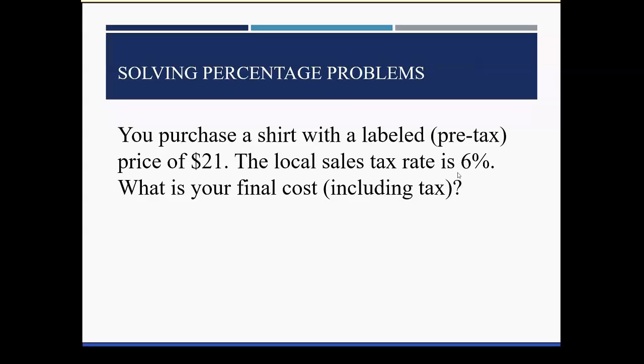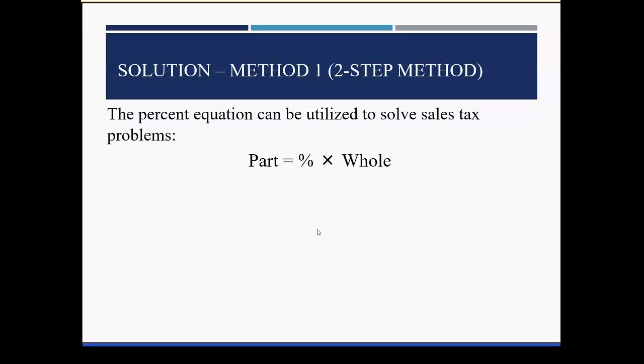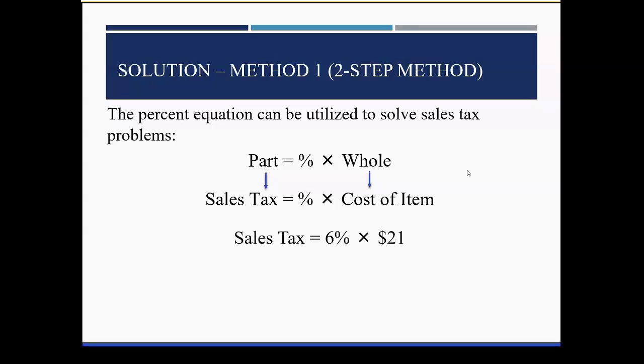Since we don't know the tax initially, we just know the total and we know the percentage. We could find the tax if we represent the part as that and the whole thing as the cost of the item. So I plugged in 6% in my percentage spot. My cost is 21. I have to convert this to decimal form since I'm using the equation method right now.